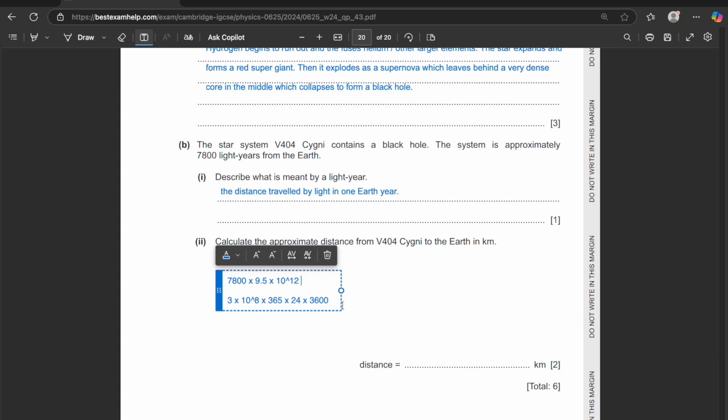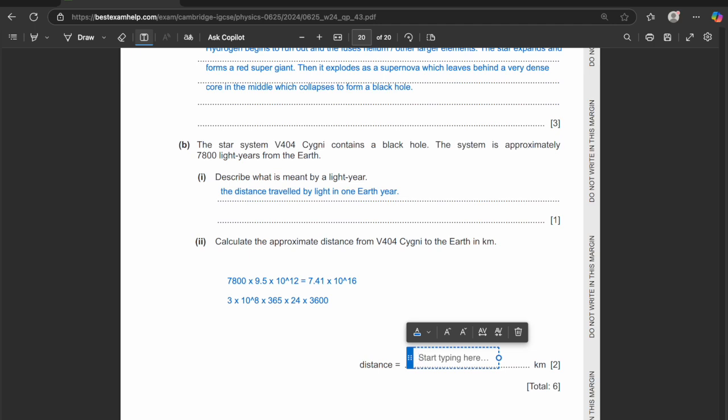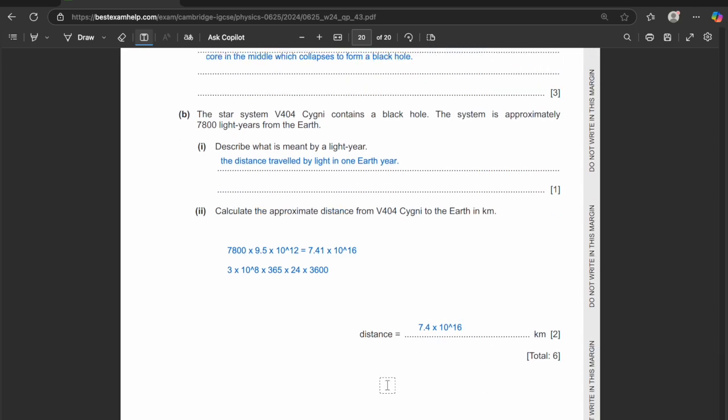We have to convert that to kilometers again, and that will be equal to 7.41 × 10^16, about 7.4 × 10^16 kilometers. You can take that as 2 significant figures. Already have kilometers here.